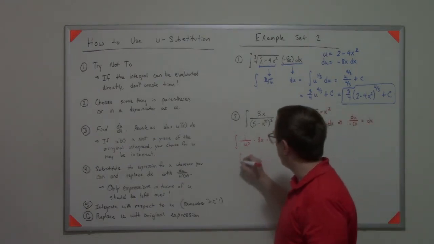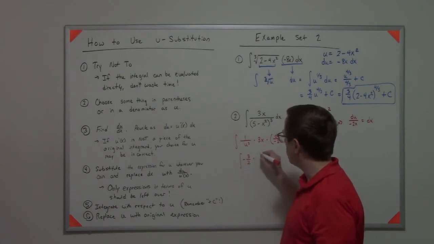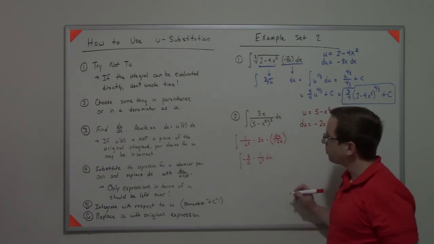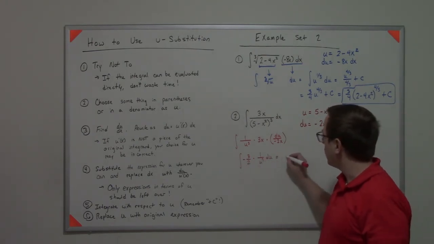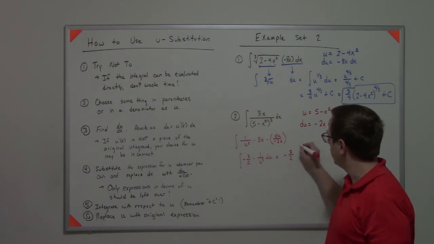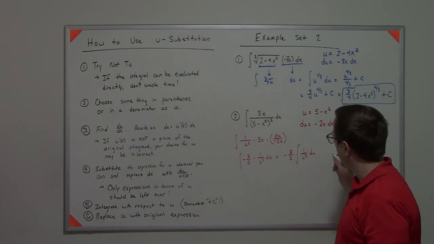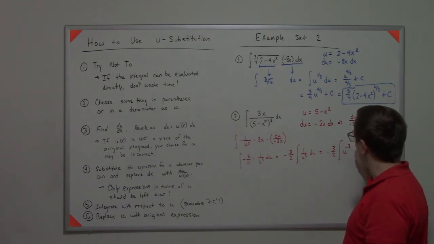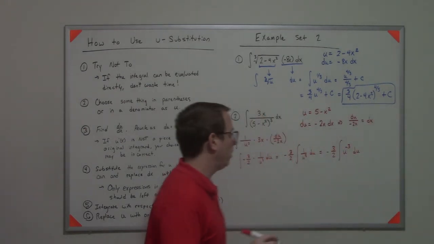So then I end up with negative 3/2 times 1 over u cubed du. So I can pull that negative 3/2 out to the front, 1 over u cubed du, which I can then rewrite as u to the negative 3 du, because this way I can use the power rule better.